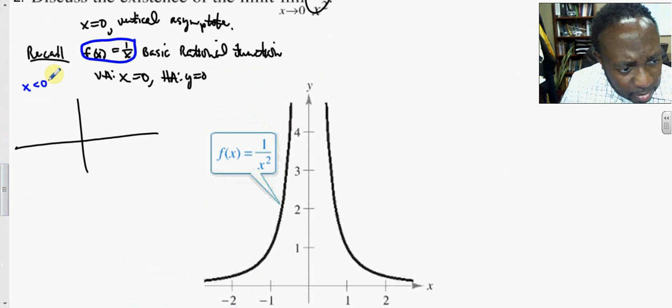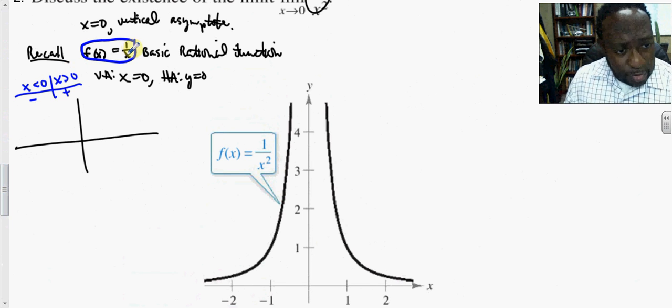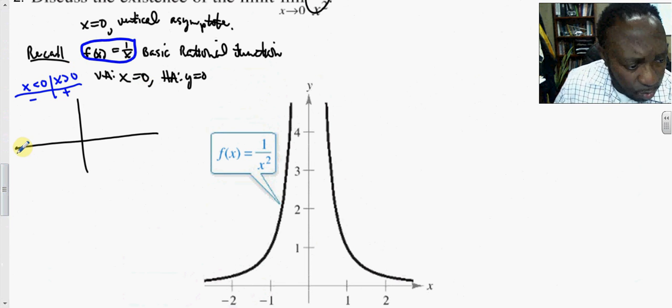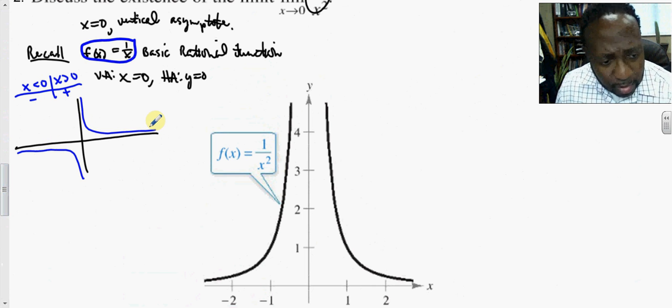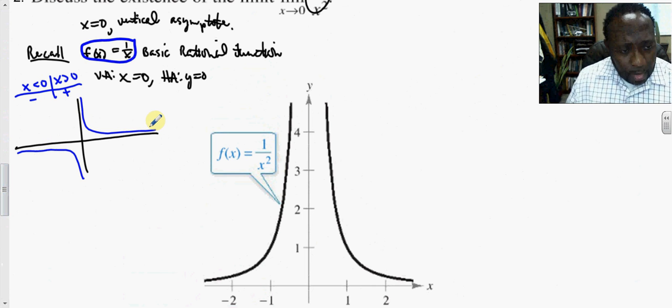When x is less than 0, the function is negative, and when x is greater than 0, the function is positive, for this basic 1 over x. So you recall that we had something like this, something like that.